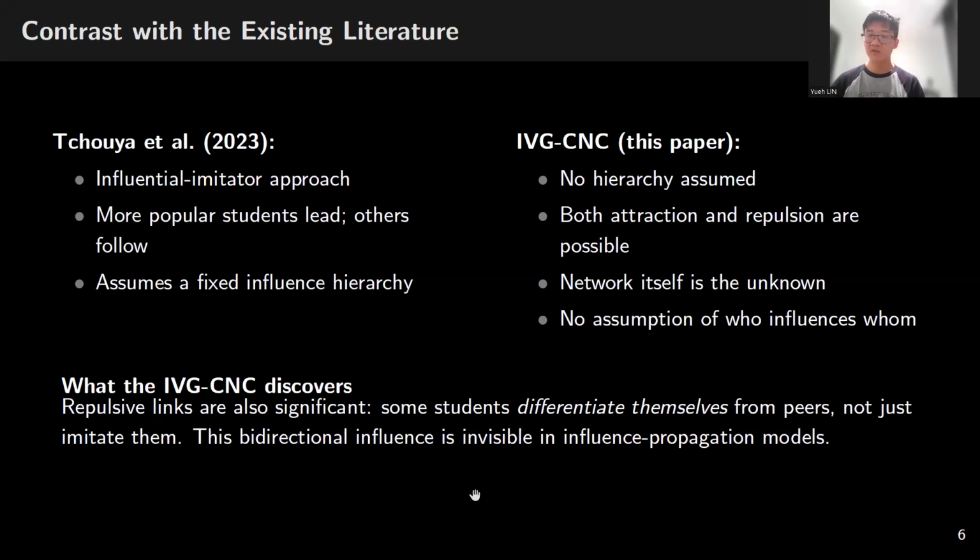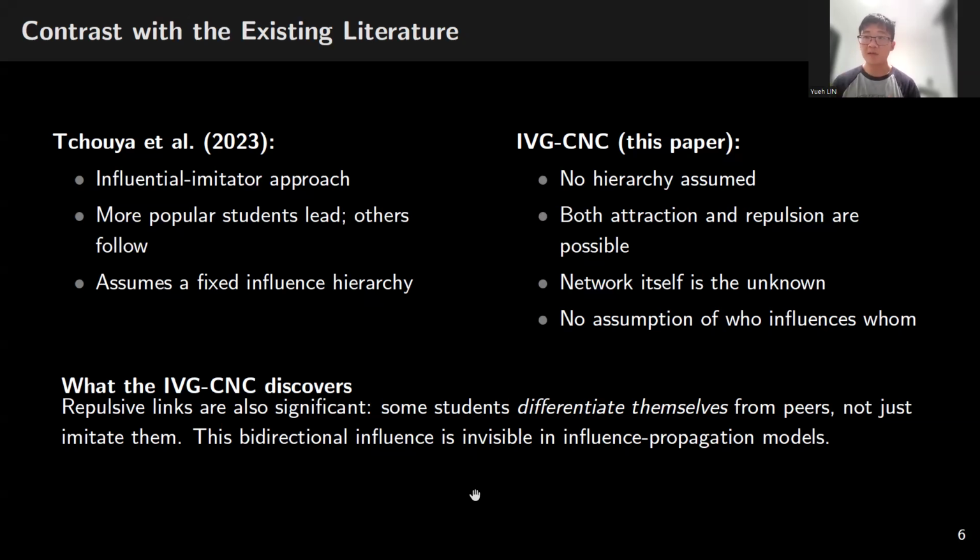Compared to this, our approach with the inverse voting game makes none of these assumptions. There is no hierarchy between students. Attractive and repulsive links are both possible, and the network itself is the output of the model, not an input.